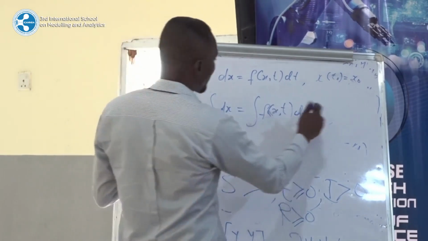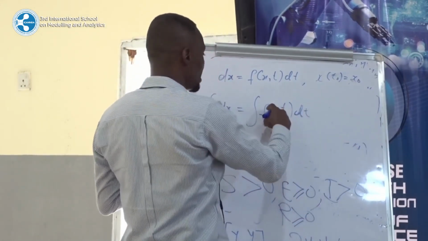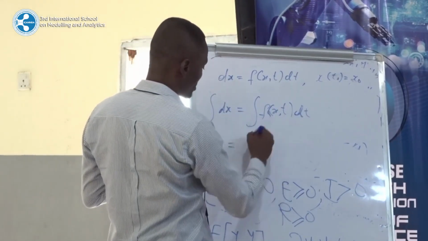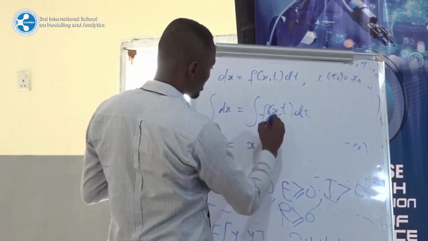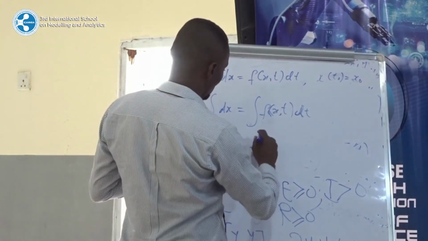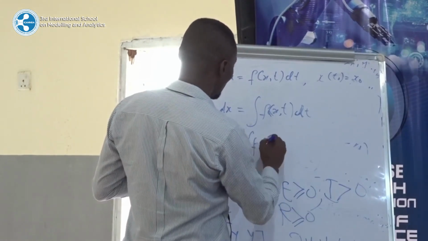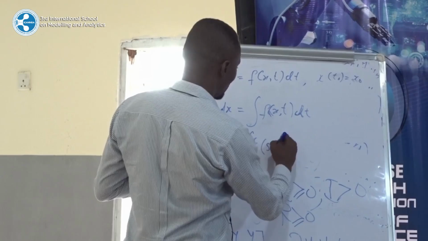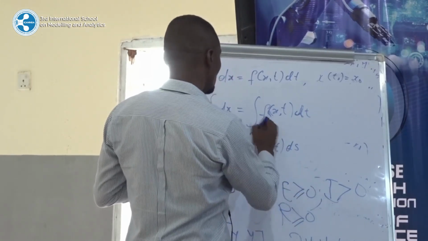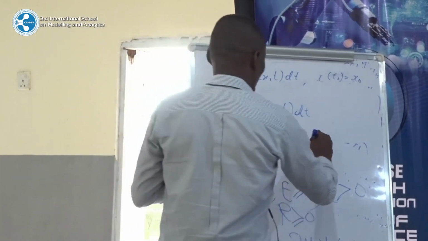So the dummy variable here, since s is a function of t, the integral of this will give us the integral of f, a function of s and t, dx from 0 to t0, then plus constant of integration.